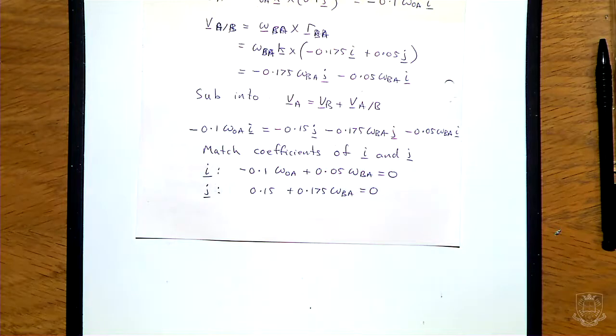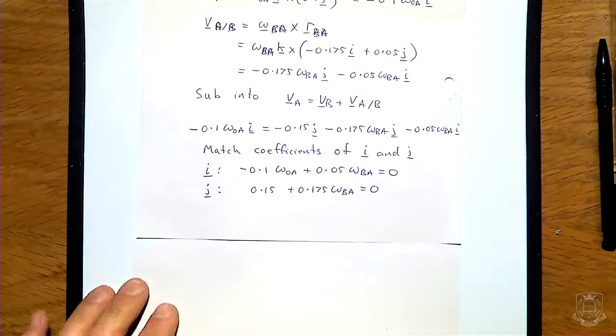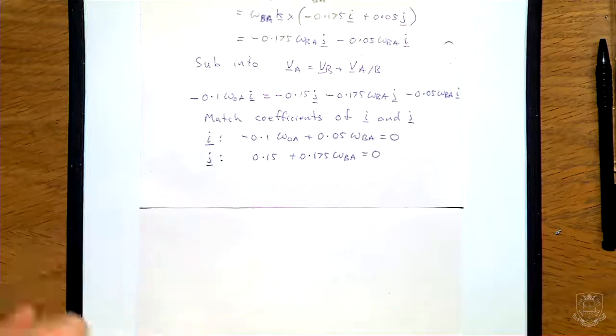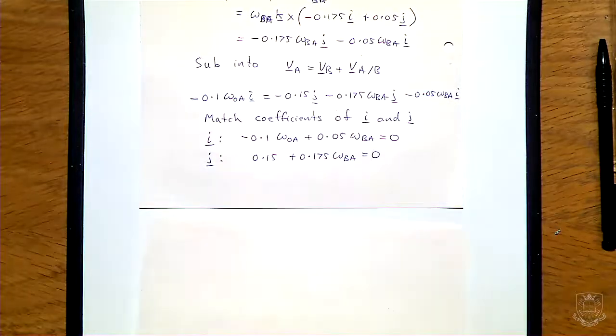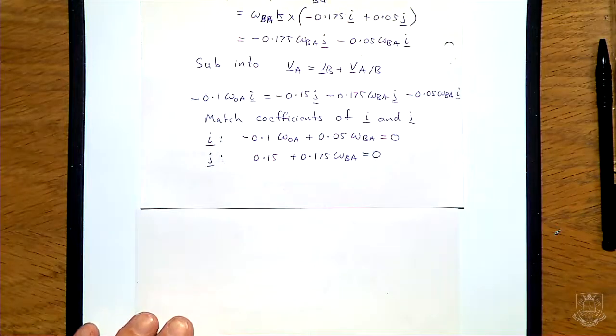So now hopefully it's clearer how it's going to work, because the J equation we can solve straight away for omega BA, can't we?